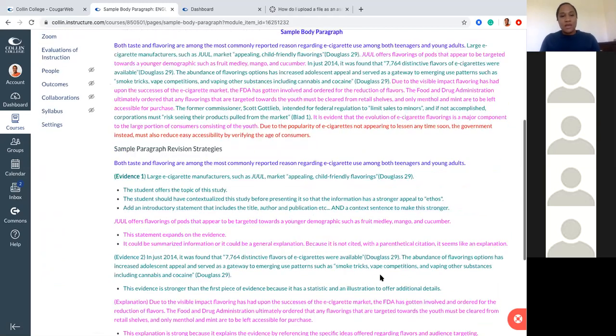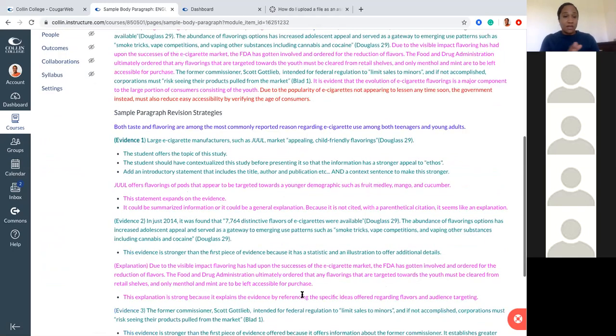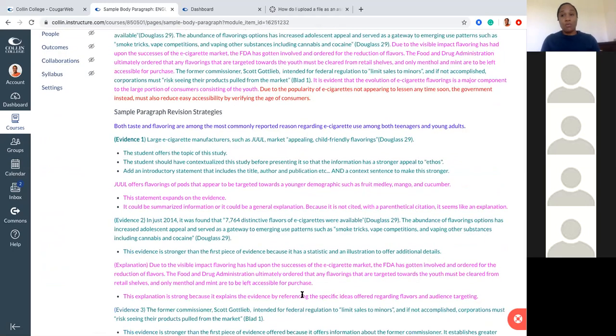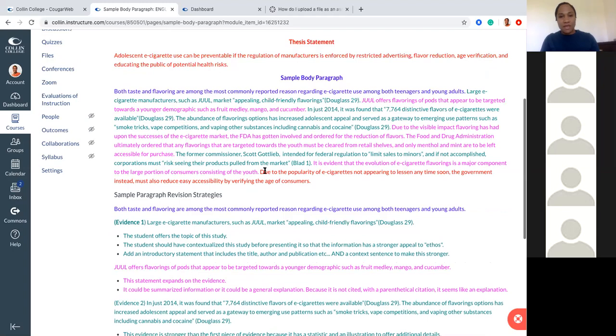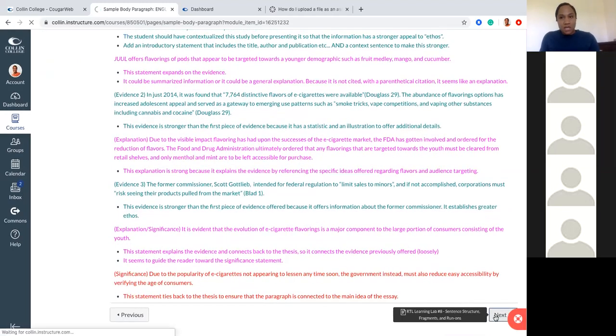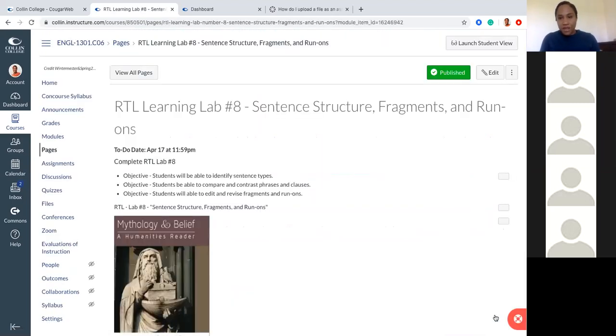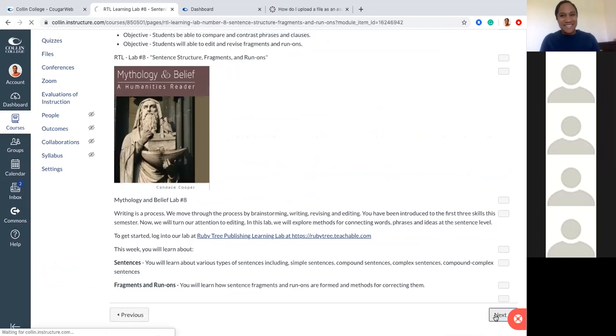So here is a breakdown of information so that you can get a sense of how I would, or how you should, or how other people who analyze other people's assignments would look at the sample paragraph that we have here. All right, so you can look at that and double check it according to the guidelines of the assignment. And no RTL lab in this webinar.